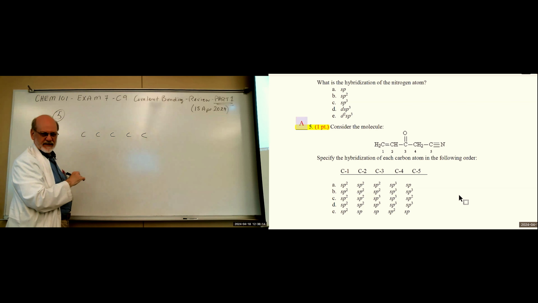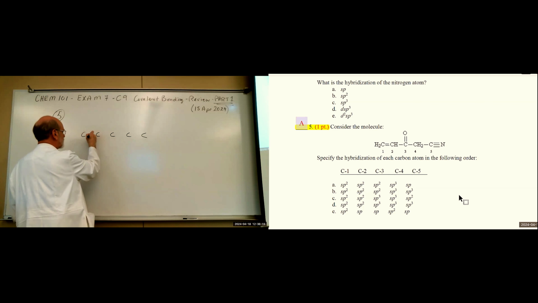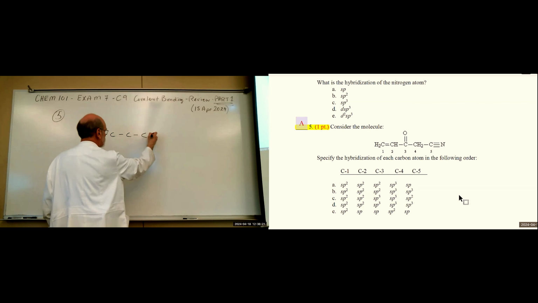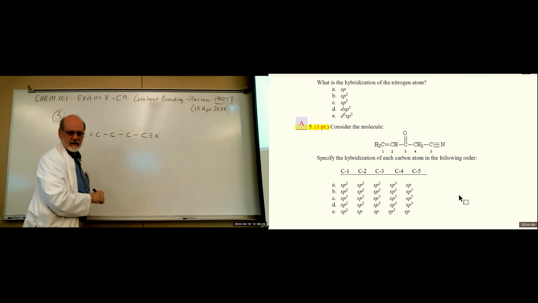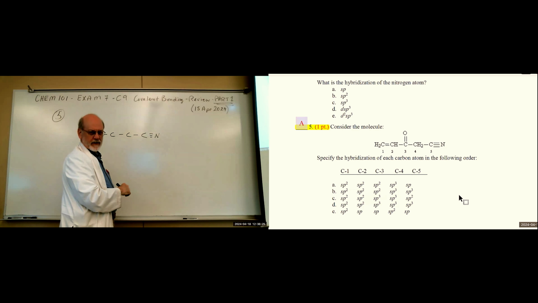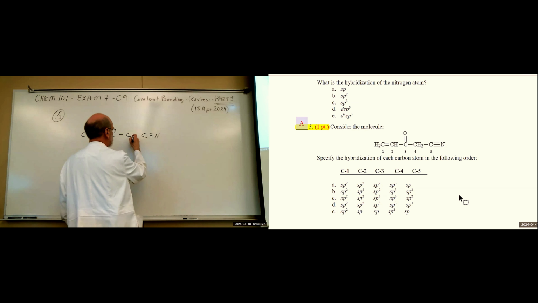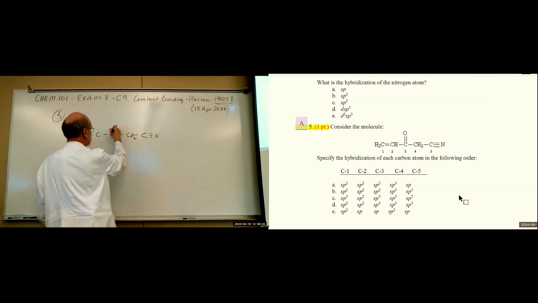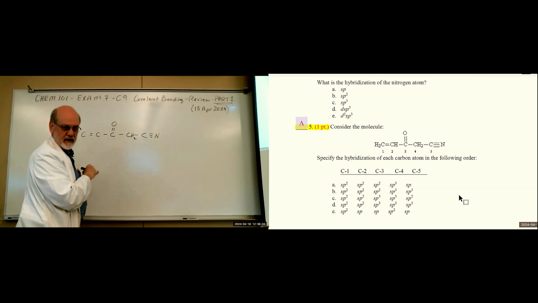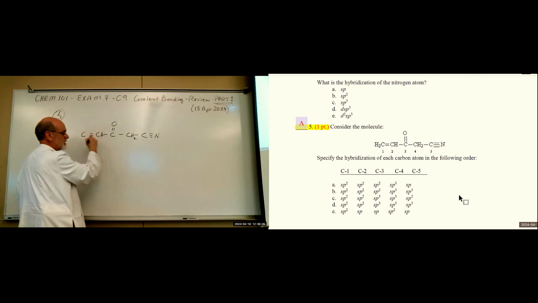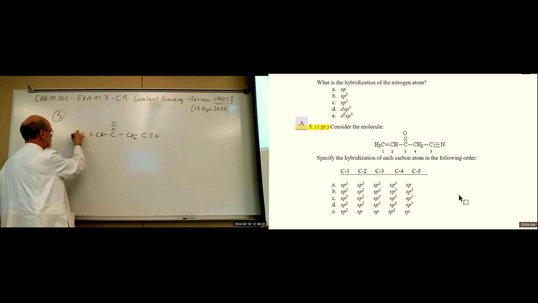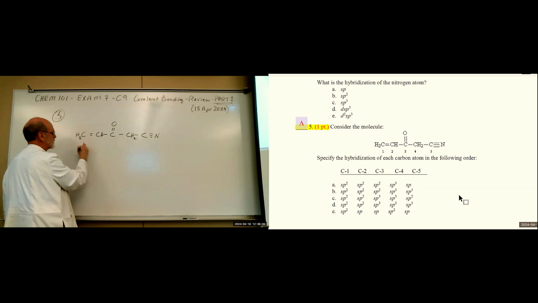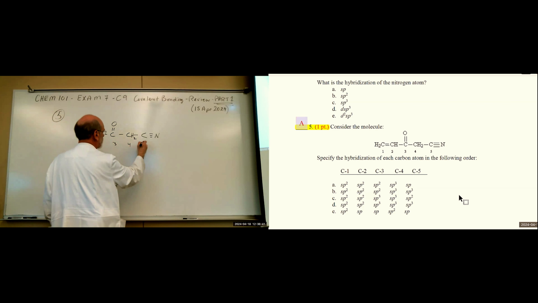And let's see, we've got a double, single, single, single. Then we got this nitrogen out here. And we got these two hydrogens here. And we've got a double bonded oxygen there. We've got a hydrogen here. And we've got two hydrogens here. This is 1, 2, 3, 4, and 5.